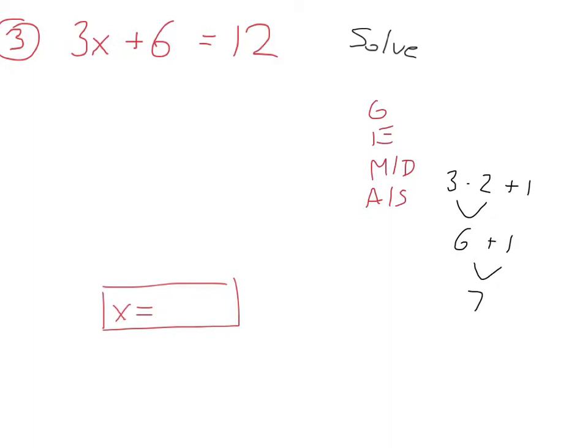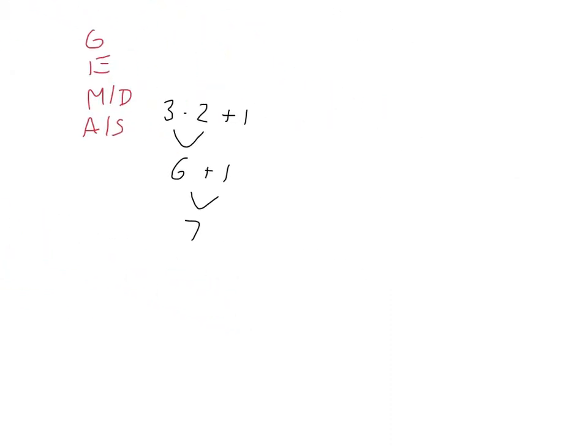Even if we had 3 times 2 plus 1 equals x plus 2x, I would still do the multiplication first. Just because it's an equation doesn't mean I'm going to do this 2 plus 1 and go in reverse. That's not what I'm talking about. And if this isn't clear, it'll become clear really quick.